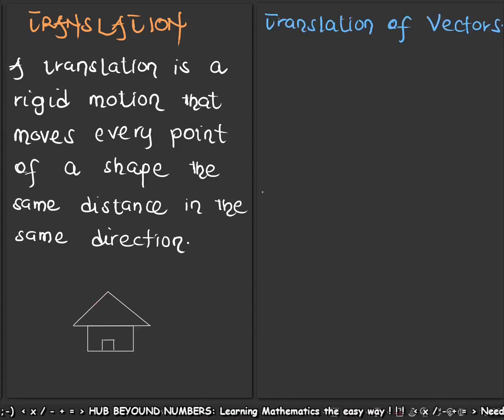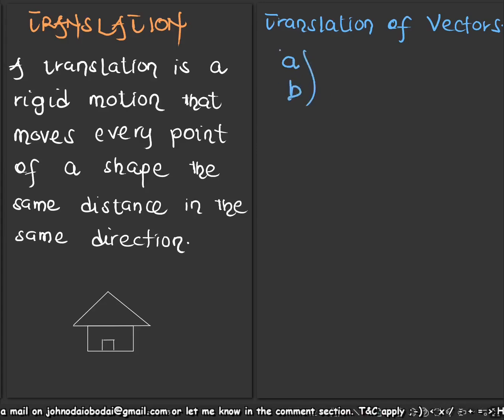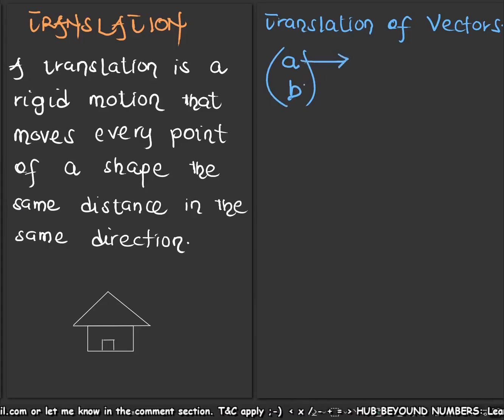When it comes to translation of vectors, we have something we call a translation vector. This translation vector is written as (a, b), you see. The a tells you the number of units you should move horizontally.